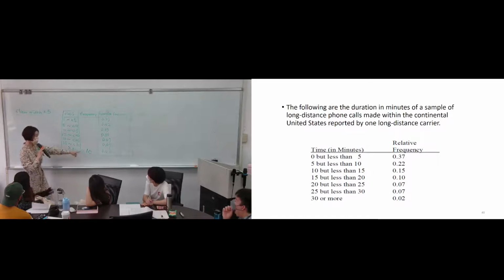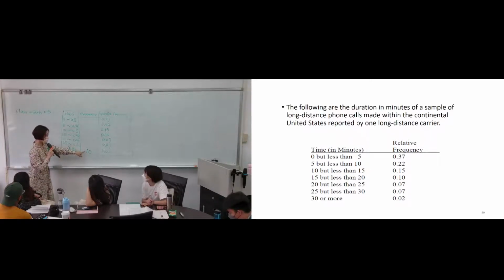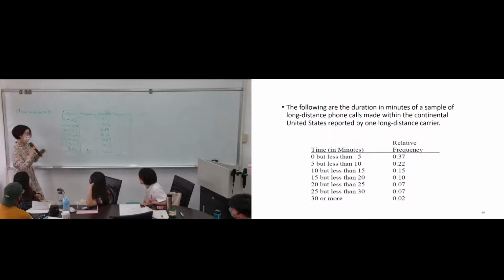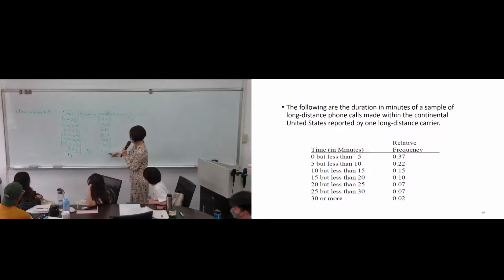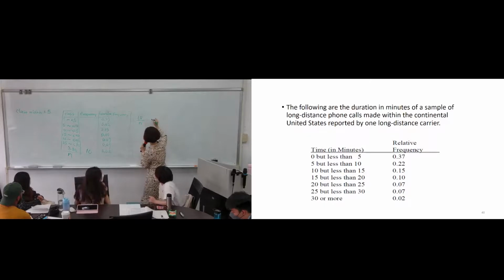We divide 10 by the sample size, and that's 0.02. That's how we find 0.02, the relative frequency for the last class.